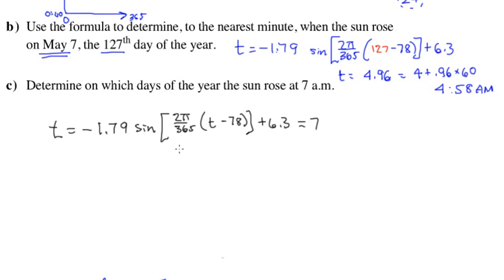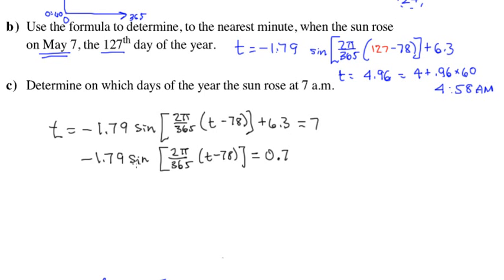If we subtract 6.3 from each side, we get minus 1.79 sine of 2 pi over 365 times t minus 78 equals 0.7. That's 7 minus 6.3.